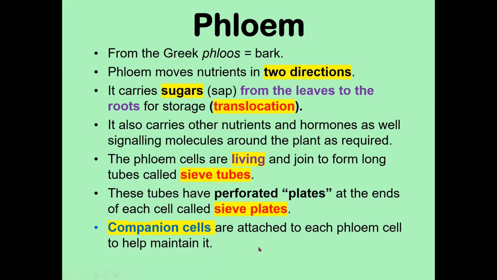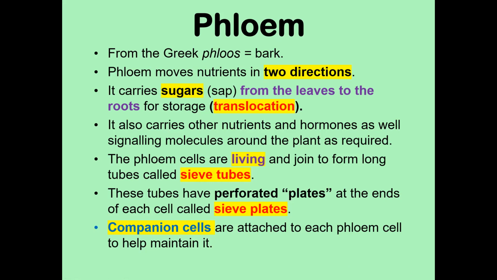Now, which I showed you before, but I'll show you again. The companion cells. Now, I mentioned before that phloem cells do not have a nucleus because it wouldn't fit in. It just wouldn't allow the movement to happen. So they have developed these companion cells, or nurse cells, which we have in animals. And what they do, they keep the phloem cells alive by looking after its needs.